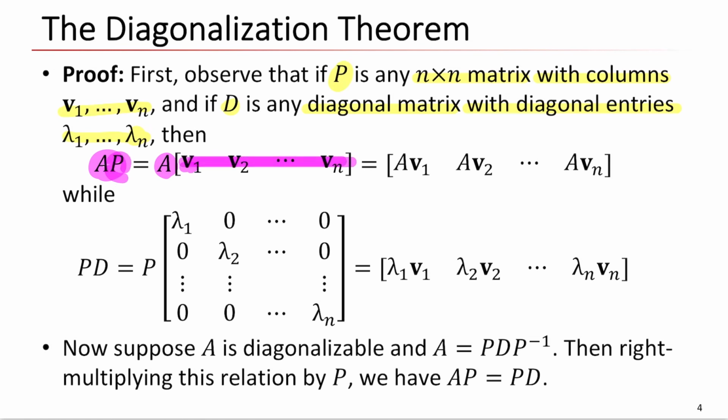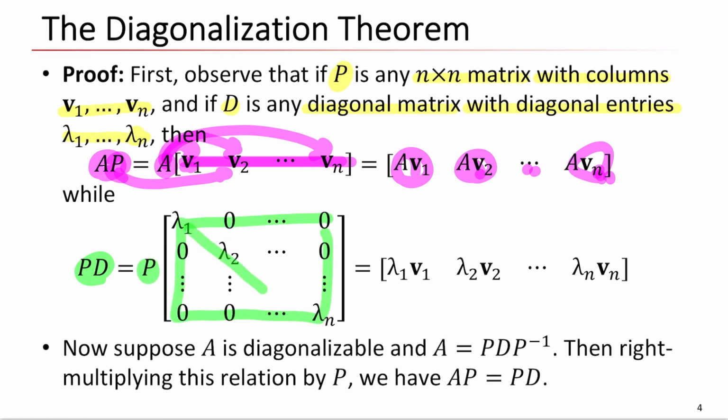This is the definition of the matrix P. Then we can easily compute this matrix multiplication, something like Av1, Av2, and Avn, right? And we can also compute P times D, where D is the diagonal matrix here.